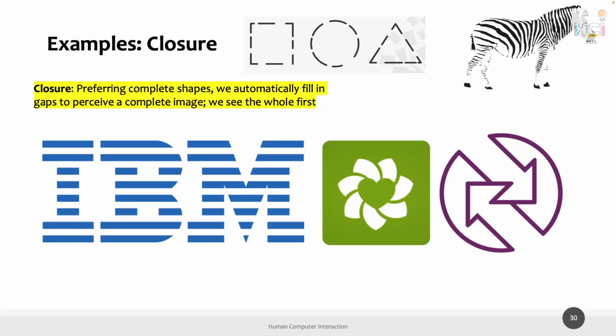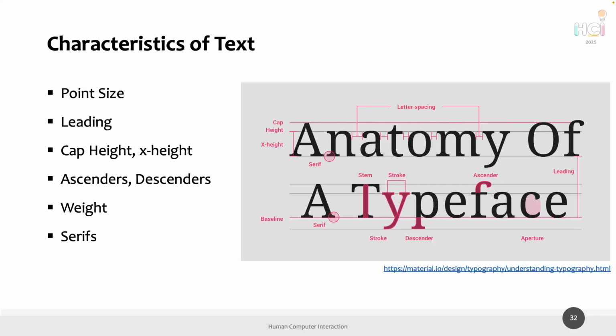Cool. So let's dig deeper on the first key ingredient of visual design, which is text, so typography in general, and the properties of text. So this image summarizes all the different properties you can have on a text. So we can have, for example, the letter spacing, we can have the stroke, the descender, the ascender, and so on, okay?